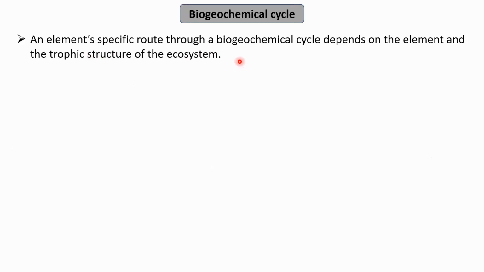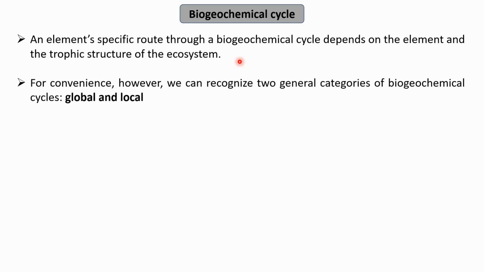So biogeochemical cycles differ by element, because what route it will follow for recycling depends upon the type of the element and the trophic structure of the ecosystem: how many trophic levels are present, and what organisms are present at each trophic level, defines the specific route through which the element will get replenished. For convenience, however, we can recognize two general categories of biogeochemical cycle. The one is global and the other is local.